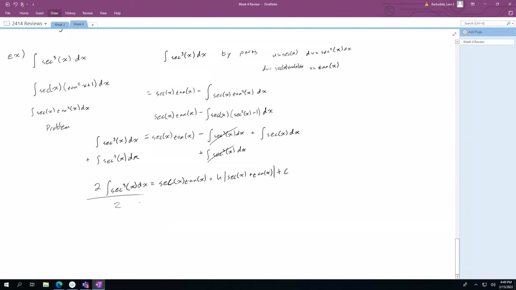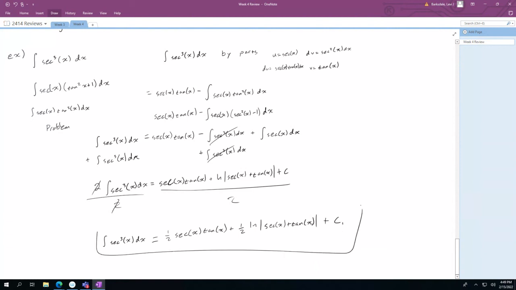And then we can just divide both sides by 2 to get our final answer. So the integral of secant cubed of x is equal to 1/2 secant x tangent x plus 1/2 natural log of the absolute value of secant x plus tangent x, plus our constant.